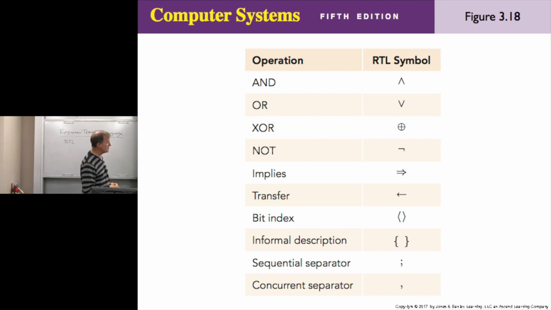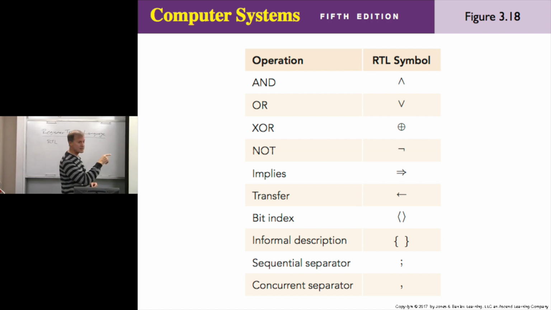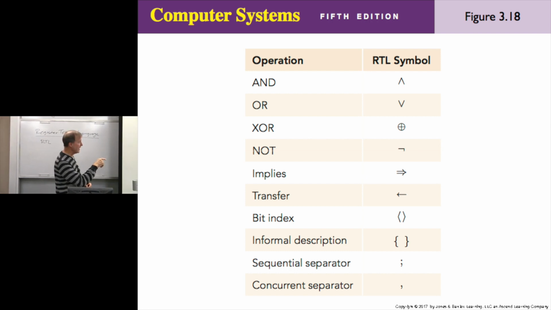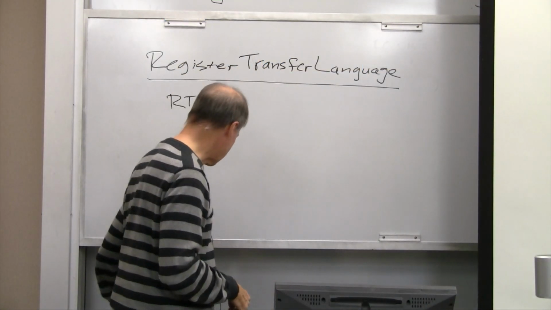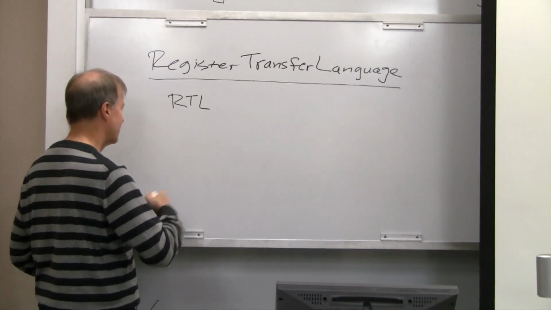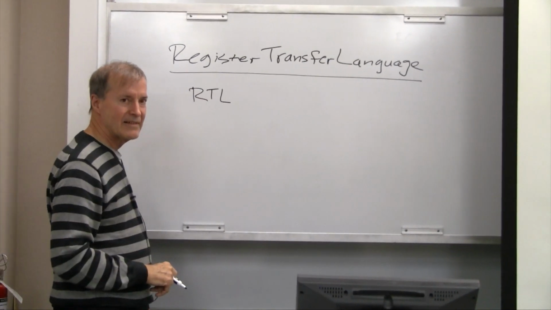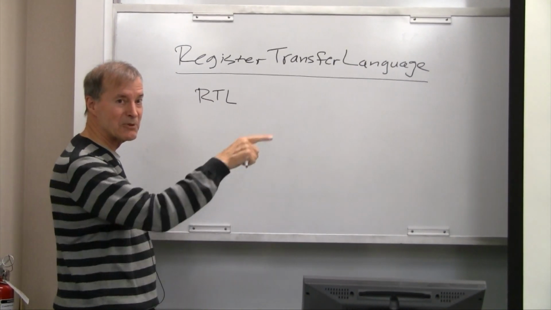The AND operation looks familiar, right? The caret, that's like from logic. It's like conjunction. OR is the disjunction symbol. XOR, exclusive OR. Now the symbol for exclusive OR is a plus with a circle around it. Do you remember what that was in our logic class? We had a symbol for that one in formal methods.